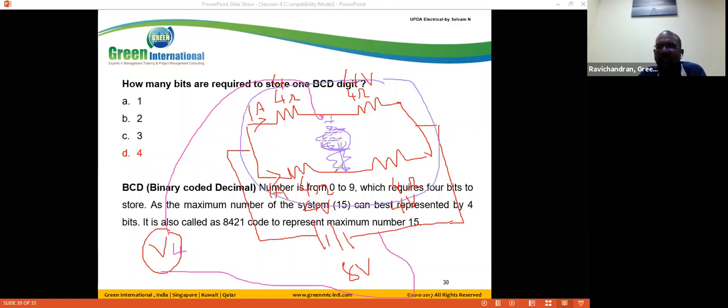Similarly, if you go here also, it measures 4 volt. Now use the voltmeter and measure the voltage across this. Here we have 4 volt, here we have 4 volt. If you measure the voltage across, it is 0 volt. There is no voltage here.